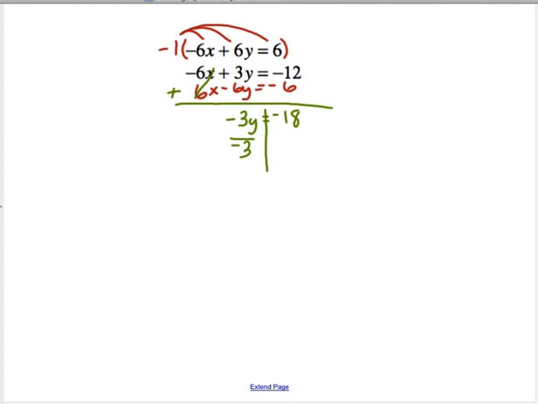One step to get my y by itself: y equals a negative divided by a negative is a positive, 6. So in my solution, my y value will be 6.